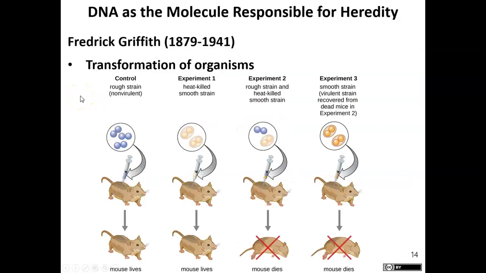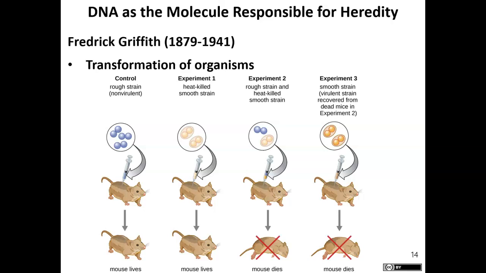So in the 1920s then, Frederick Griffith hypothesized that DNA was the transforming principle. So he was studying streptococcus bacteria, and he had two different types of strep bacteria.